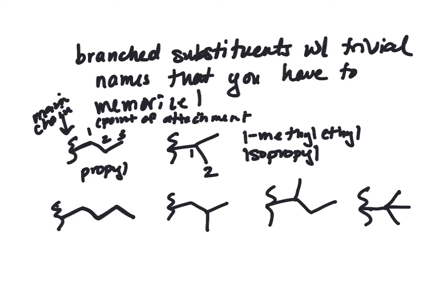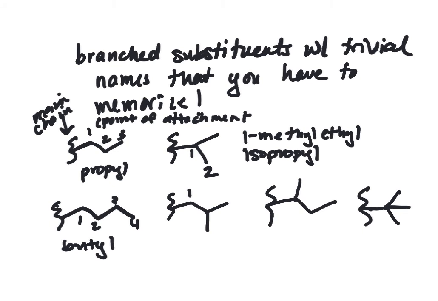Now let's look at the next set of branch substituents where we have a total of 4 carbons. The first one is a linear chain, 1, 2, 3, 4, and would be known as a butyl group. The second substituent, and I purposefully drew these differently than what you see in the text so that we get used to recognizing these.